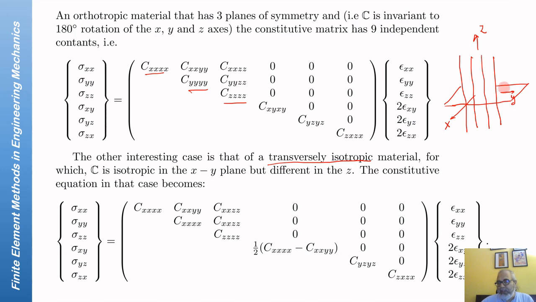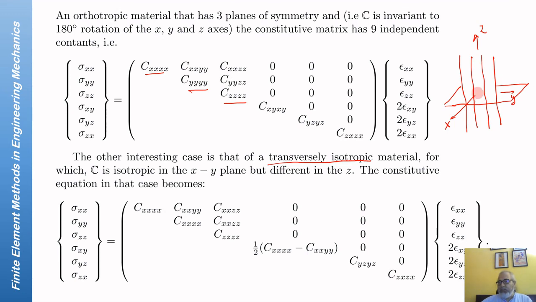On this XY plane, if you rotate on this XY plane, the properties are the same. So any rotation that you make will give you back the same stiffness matrix that you started with. Any rotation on the plane will give you back the same stiffness.